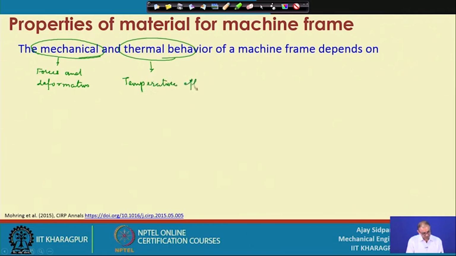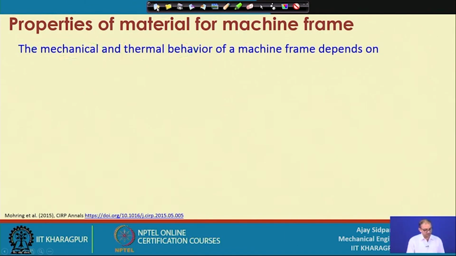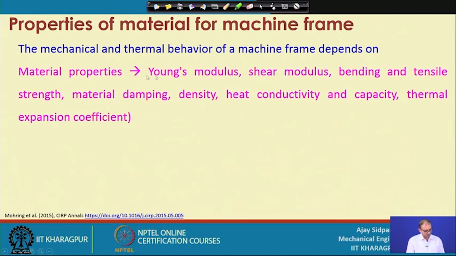Temperature effect during machining, correct. So, these are the two more important criteria. Based on that, we have to decide which types of properties are important for selecting a material for the machine frame, right.